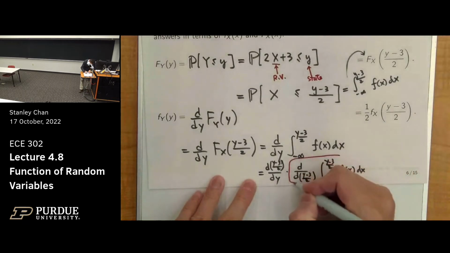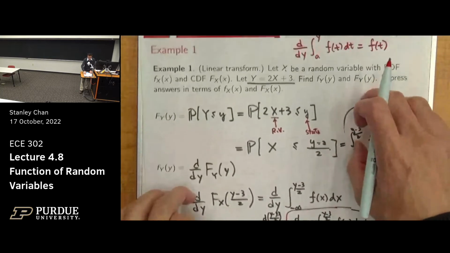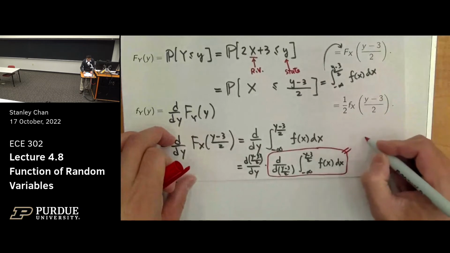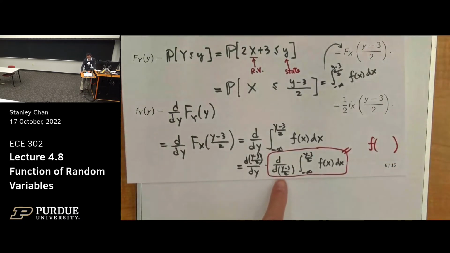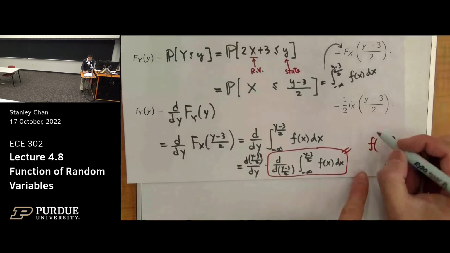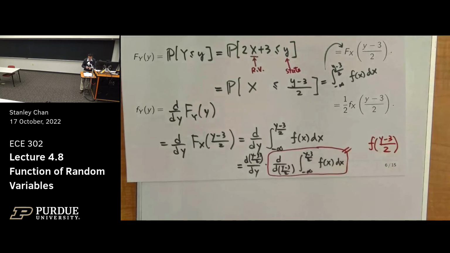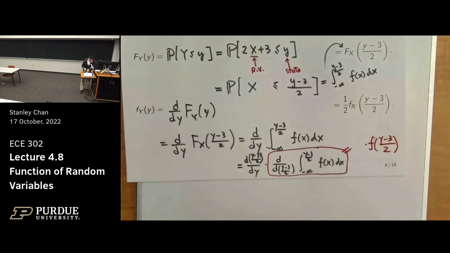So what is this? This has the exact same form as what we see in the fundamental theorem of calculus. And this is going to give you f evaluated at, now not y, but (y minus 3) divided by 2, because your upper limit is (y minus 3) divided by 2. There is one additional term here, which is the derivative of (y minus 3) divided by 2.